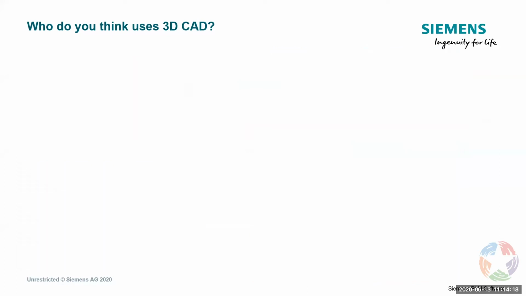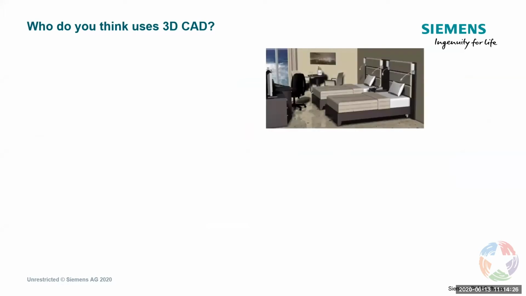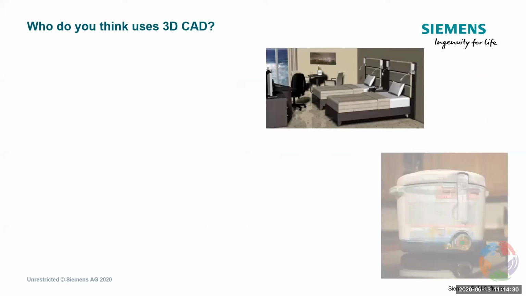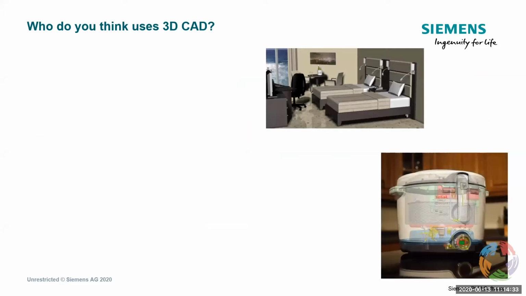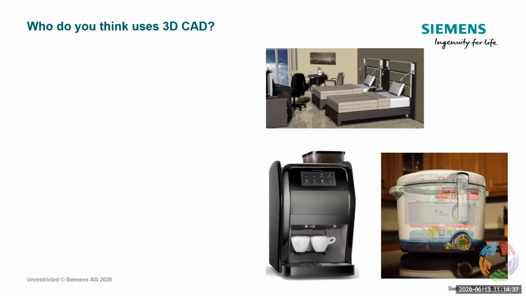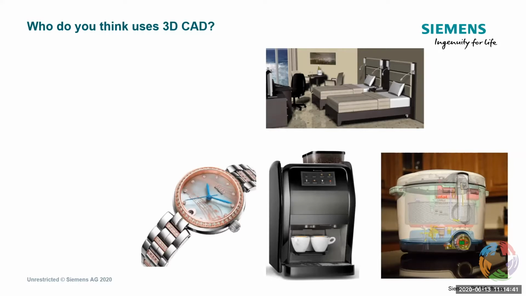Now, you may not have ever thought about this either, but once we get back to traveling, the next time you go into a hotel room, all the furniture that's in that hotel room is designed in 3D. The appliances that you have in your kitchen are designed in 3D, right? Got to have our coffee in the morning. And then things that you wear, jewelry, and things like that.